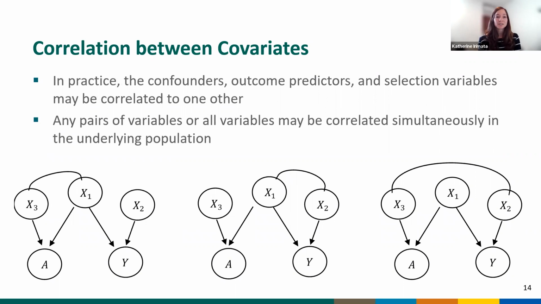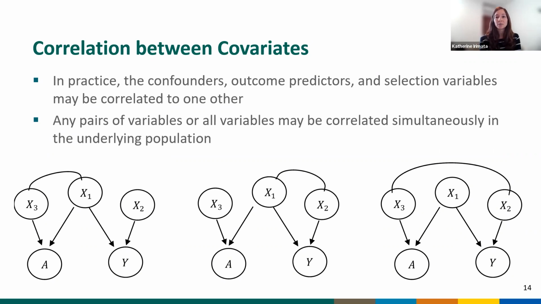Another situation that we should consider is when we have correlation between covariates. So that first DAG I showed you only looks at how the different covariates are related to our outcome and our selection indicator. But in practice, these different types of variables can be correlated to one another.